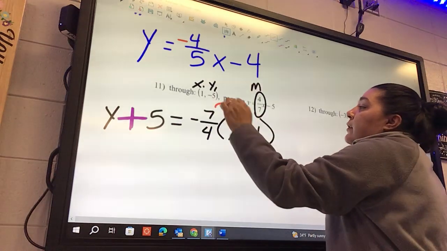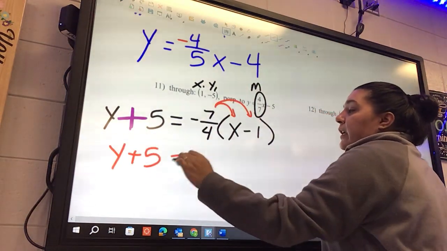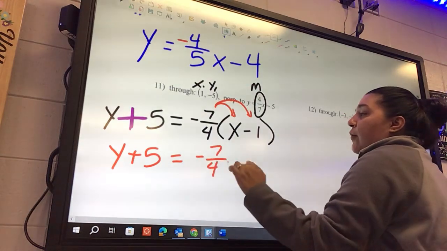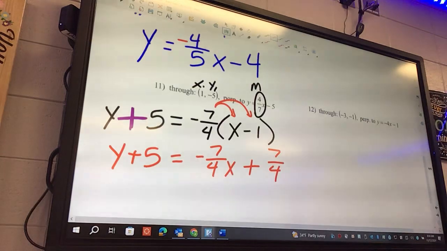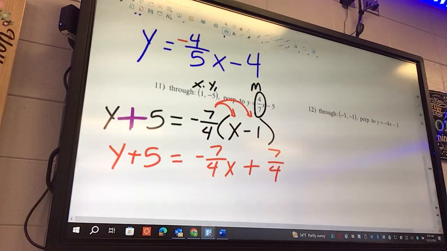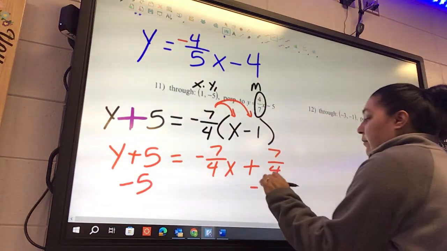And then we're gonna distribute. So it's gonna look like y plus 5 equals negative 7 over 4x plus 7 over 4. Okay, and then we're gonna say minus 5.